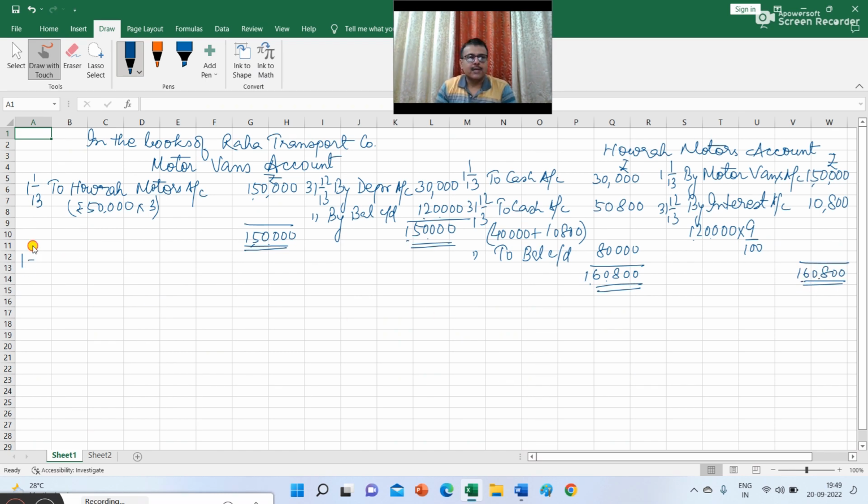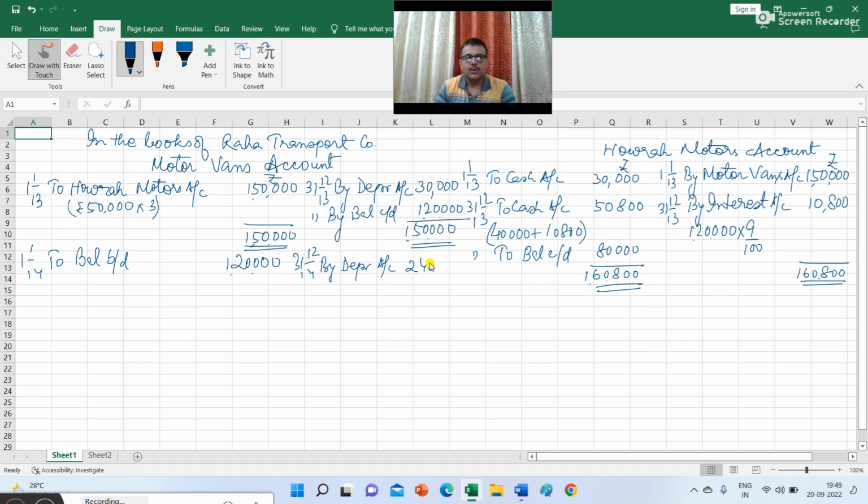Now on 1st January 2014, this amount of 1,20,000 will be brought down. So to balance BD 1,20,000. Now on 31st December 2014, again depreciation will be charged. So depreciation account debit to motor vans account. So depreciation will be 20% of 1,20,000.